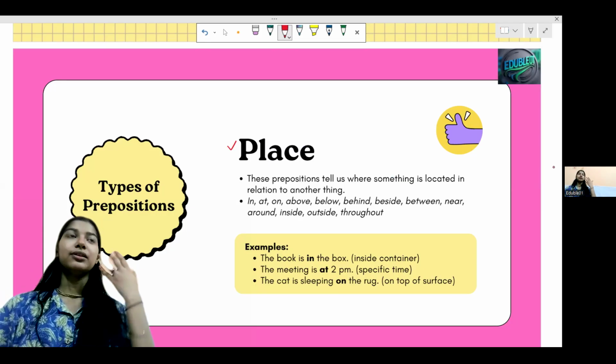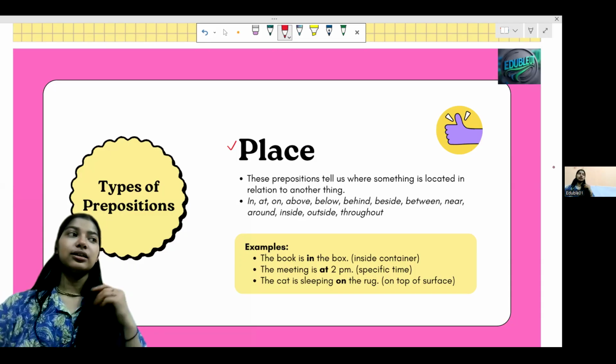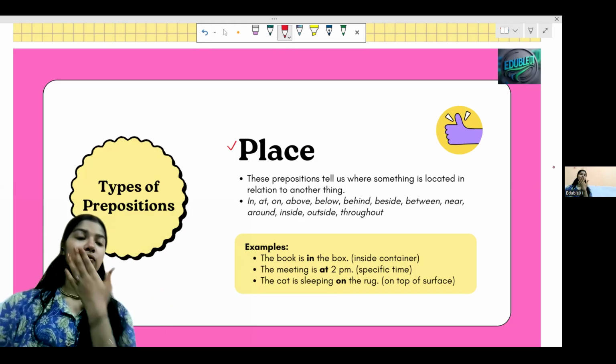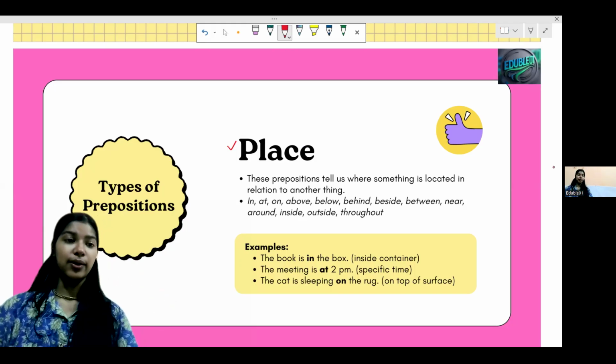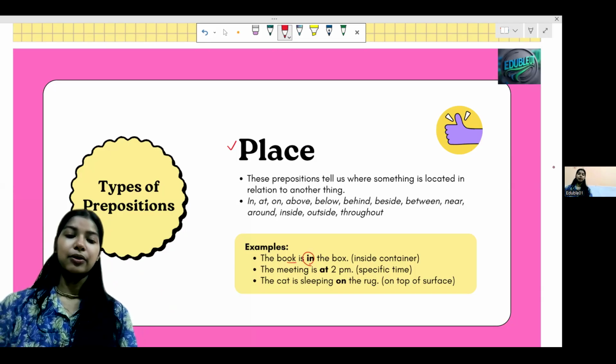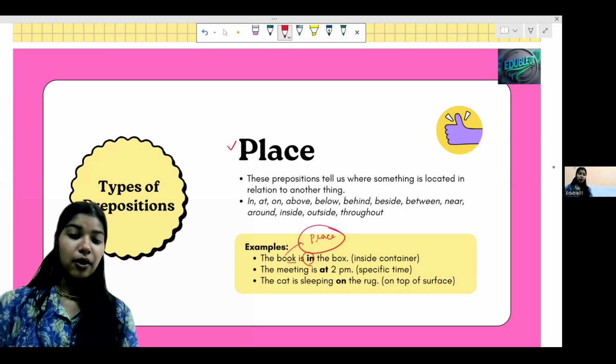Like with respect to me, where is the table located? With respect to me, where is the person? So we say that the book is in the box. It is telling us the place or location of the book, that it is inside the box.